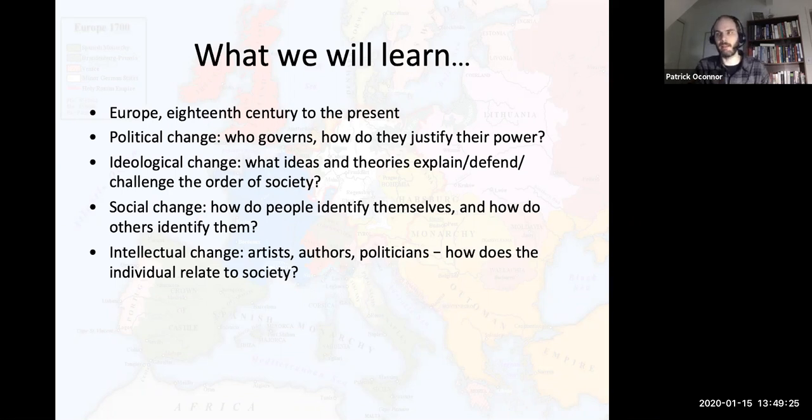Some of those ideologies that we're going to discuss: conservatism, liberalism, socialism, communism, fascism, right? All of the great isms of the world that we live in now emerge in the period that we're talking about in this course. And they emerge amid this centuries-long process by which Europeans try to figure out how to govern themselves and also how to govern others.